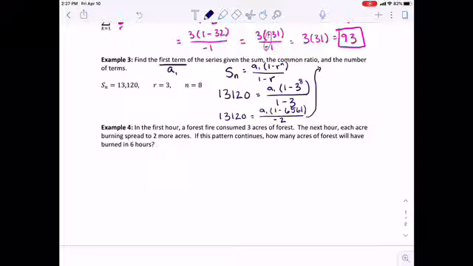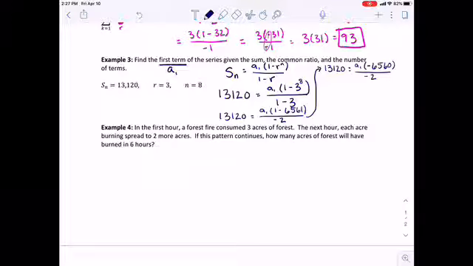And now if I solve it, I have 13,120 is going to equal A sub 1 times 1 minus 6,561, which is negative 6,560, all over negative 2.